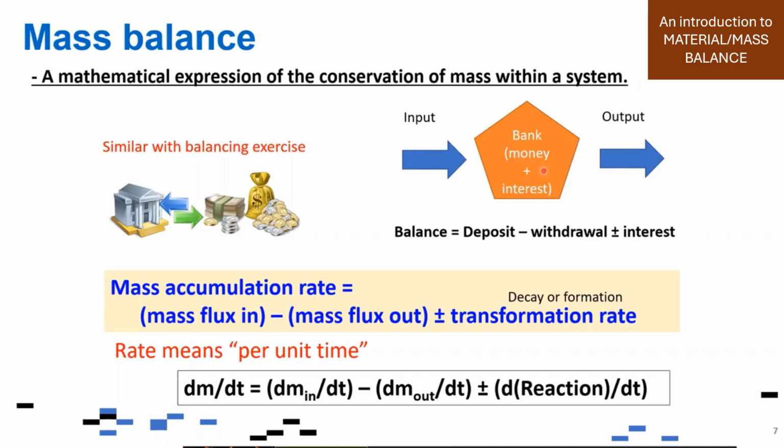In the same way, in our mass balance, sometimes inside that control volume there is a transformation. There is a production of other materials, or there is a degradation, so minus. Production is like interest, so there's a reaction there. And then there's an output. So there's an input and there's an output.